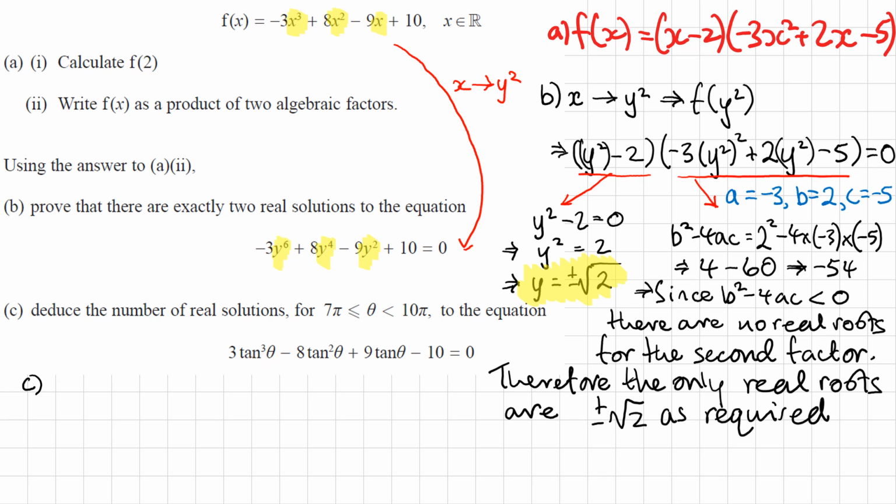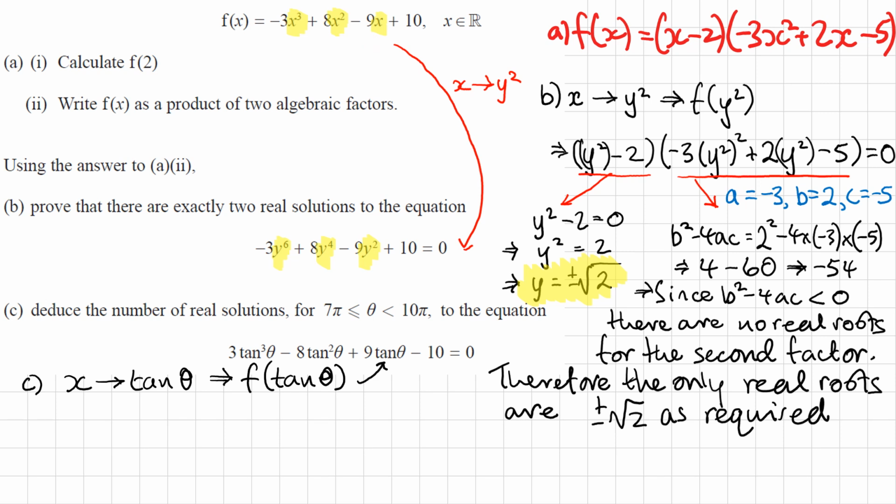So I could write it either as I'm taking the x, replacing it with tan theta, or you could say that really the equation we've got there is f of tan theta.